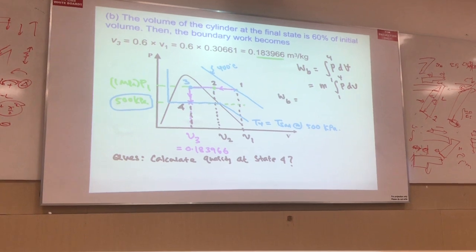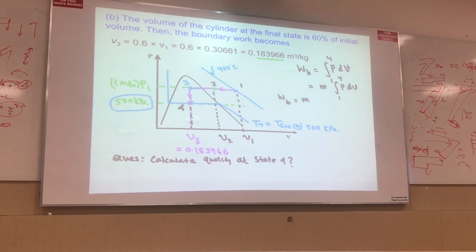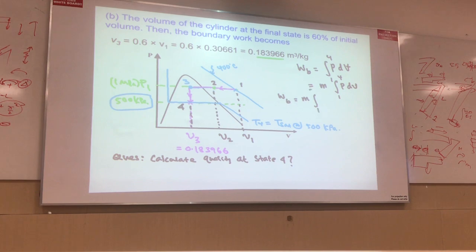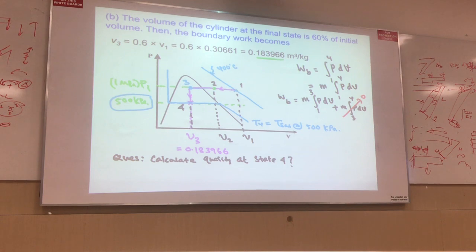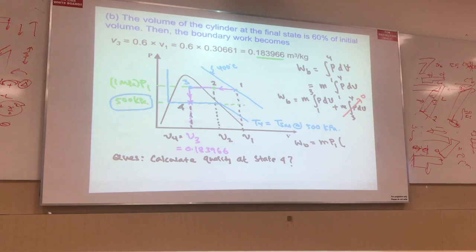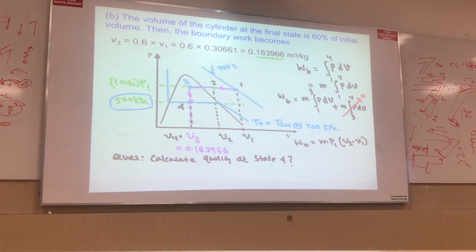Can I write WB as total mass, which is given, times the integral of P dV from 1 to 3, plus the integral of P dV from 3 to 4? So from 3 to 4, what is the number? This should be 0. Constant volume process. Then I can write WB equals mass and P becomes P1, and V3 and V4 are same. So m P1 (V3 minus V1). Then you substitute the value, then you get the answer. Very simple. And what is the area? Area under this graph, the whole area.